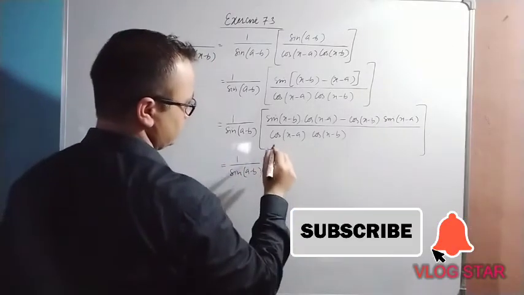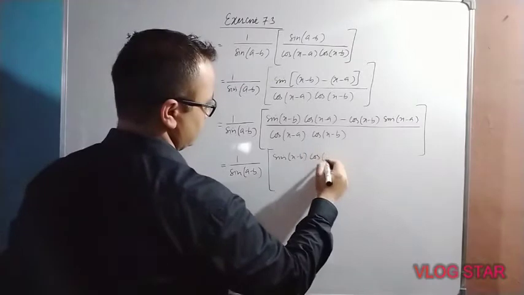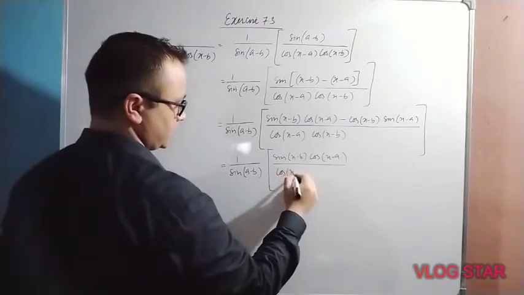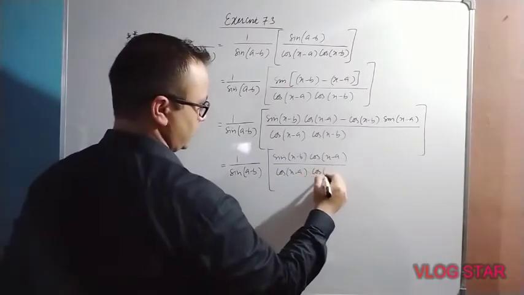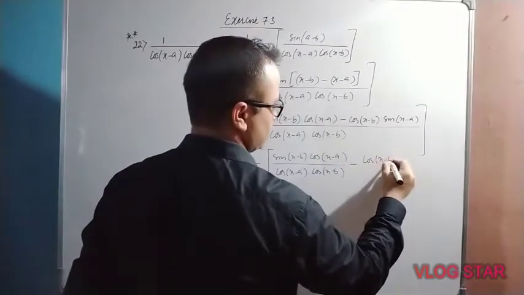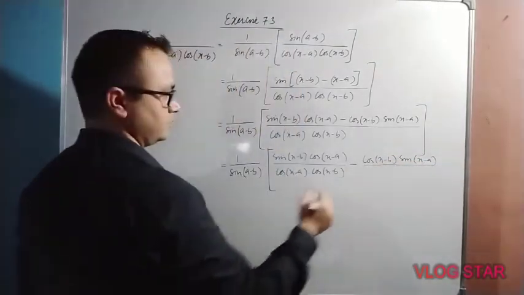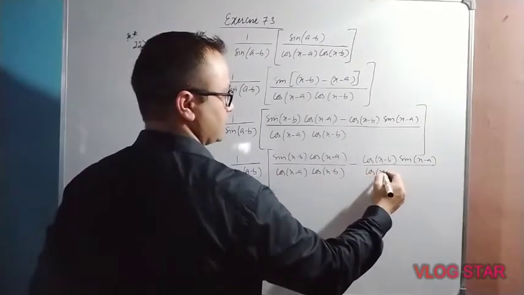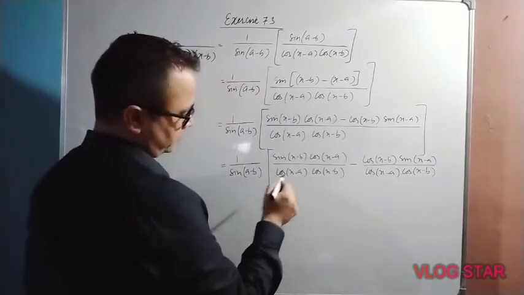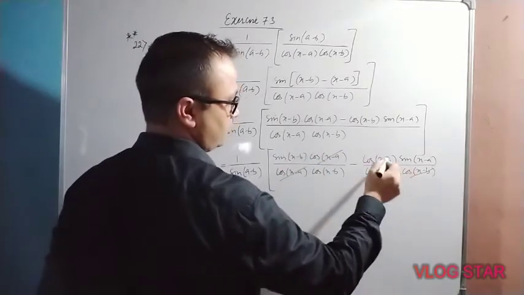Now separate it: sine x minus b into cos x minus a divided by cos x minus a into cos x minus b, minus cos x minus b into sine x minus a divided by cos x minus a into cos x minus b. Here cos x minus a cancels, and cos x minus b cancels.